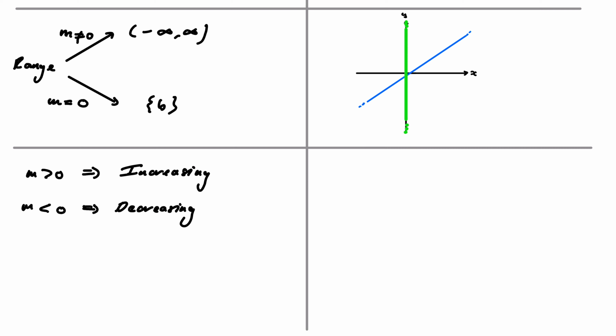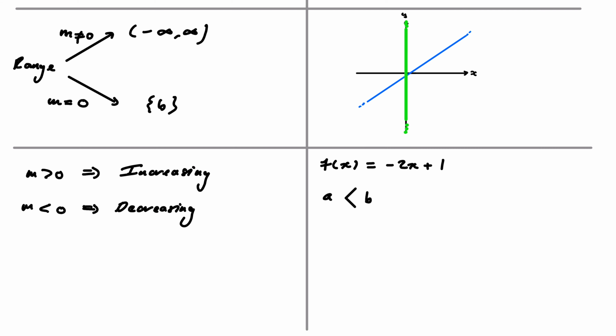So let me just show you an example, and I want to do it properly, right? I'm going to check the conditions. So let's imagine I have f of x is equal to minus 2x plus 1. I want to show that this is decreasing properly. So let's take 2 points in the domain, a and b. Let's have a less than b.